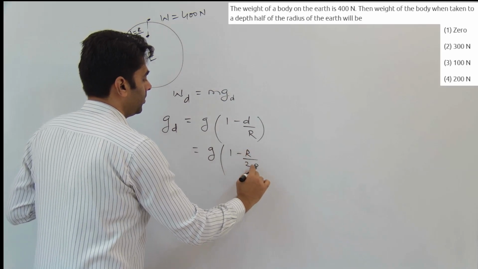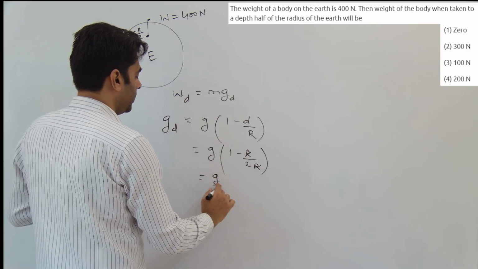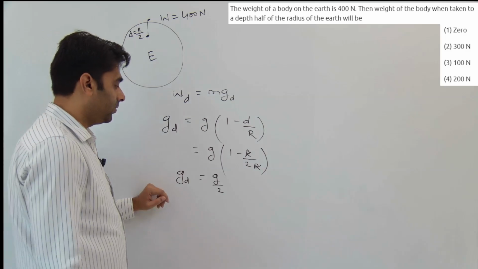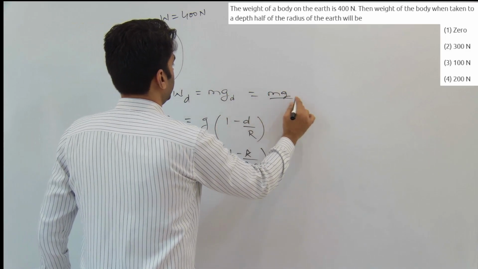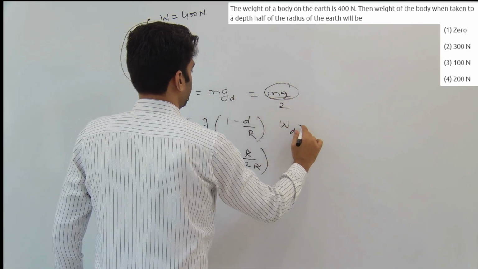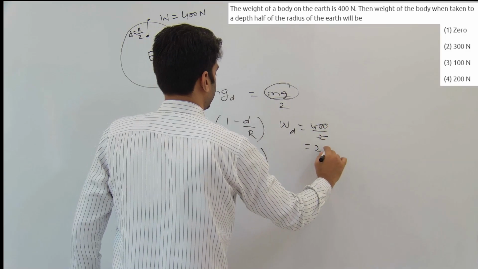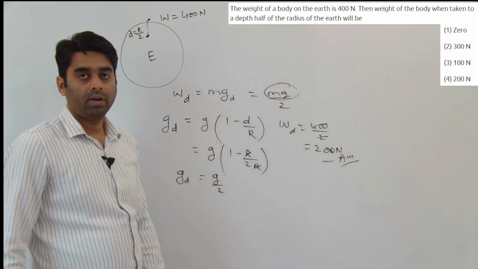So R by 2 into R, the R cancels out. 1 minus 1 by 2, that implies it is g by 2. So at depth d, that is R by 2, your g value is becoming g by 2. So what can I write over here? m into g by 2, and this value is given to us as 400. So weight will be 400 by 2, which is 200 Newton. 200 Newton is our right answer, right?